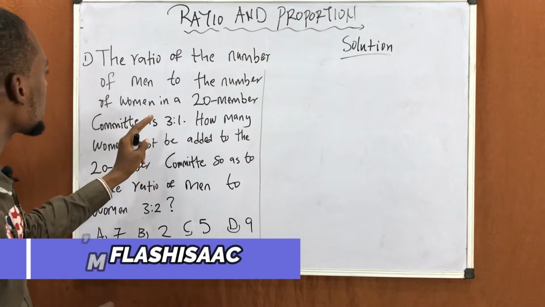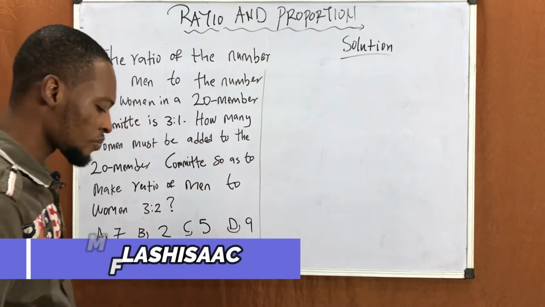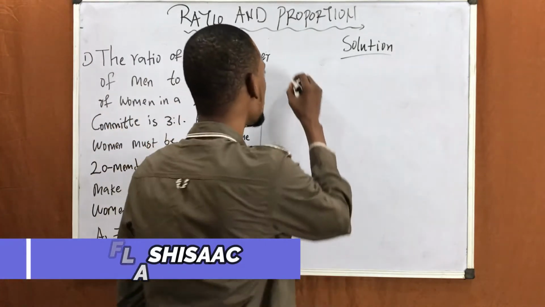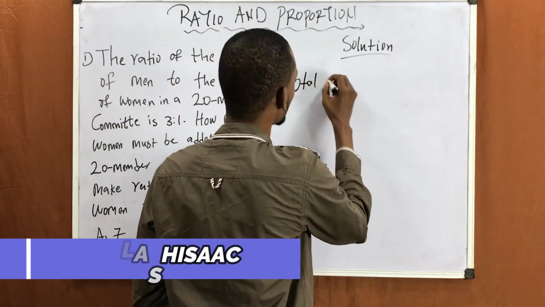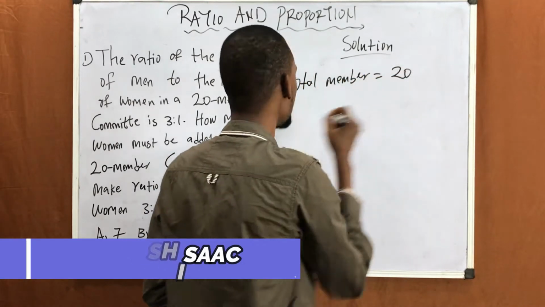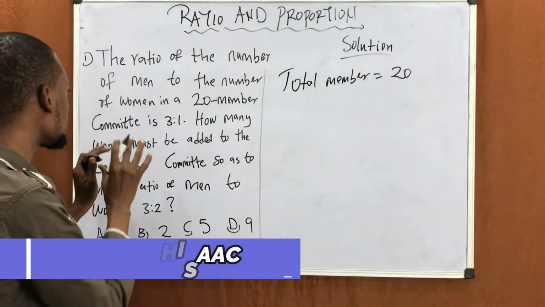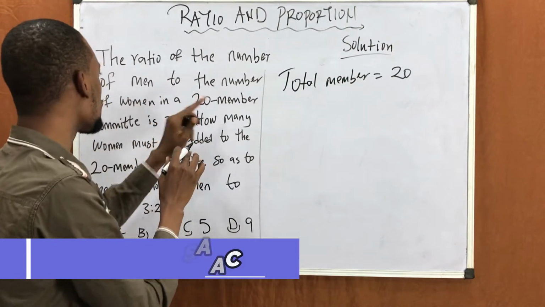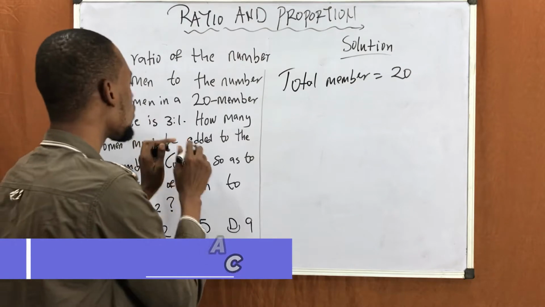Now, what should be the first thing to take? It said in a 20-member committee, that means the committee is made up of 20 persons. So total member equals 20. Now the ratio of the number of men to the number of women is 3:1.